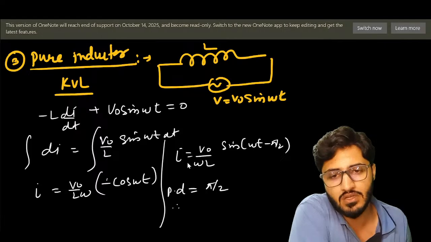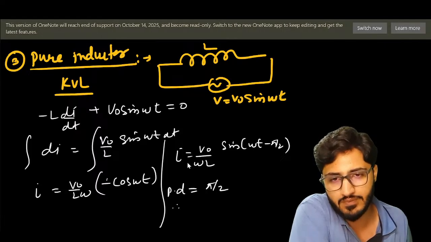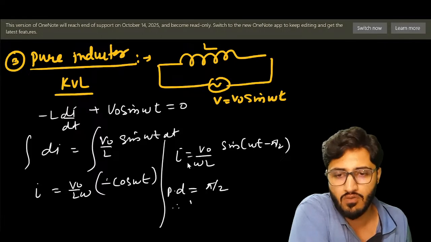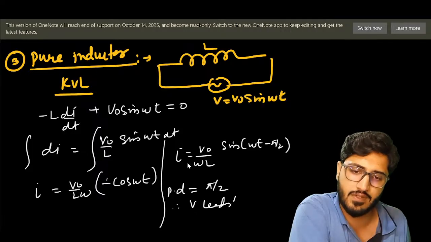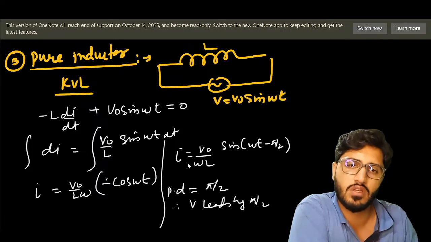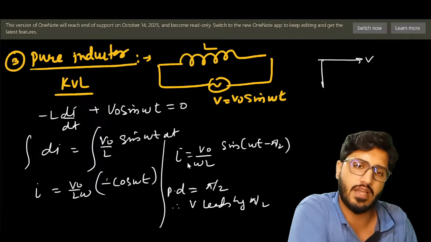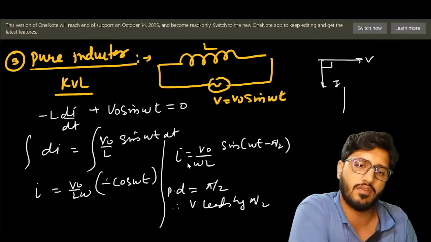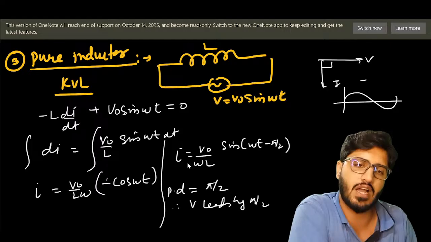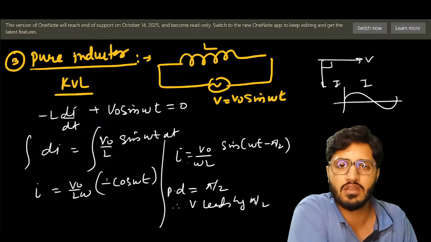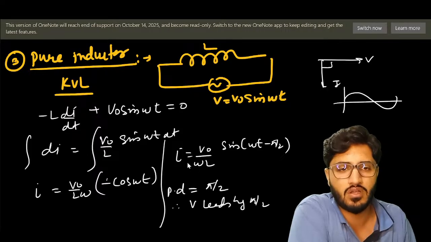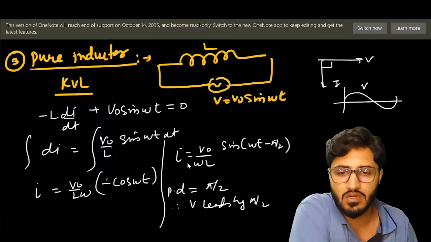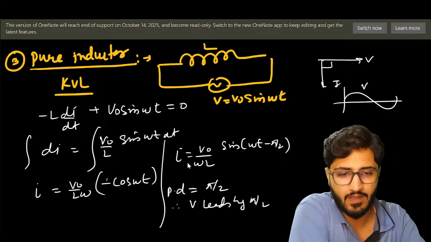That means, one second, beta. Voltage leads by pi by 2. If this is my voltage, this is my current I. If you want to make a graph of it, if this is V now, every time it is V. But here, one thing is there, my V leads, okay?